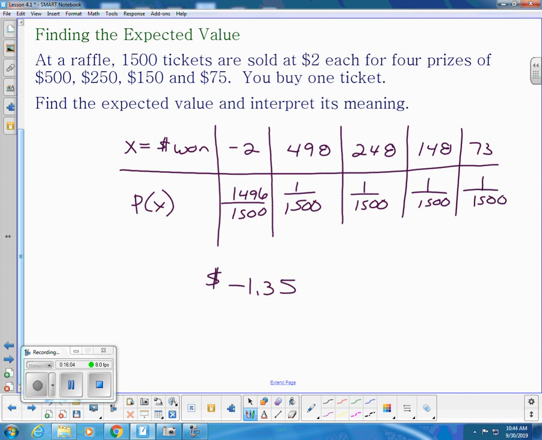Does that make sense? This is the expected outcome. You're going to lose $1.35. So they're going to make $1.35. Does that make sense?